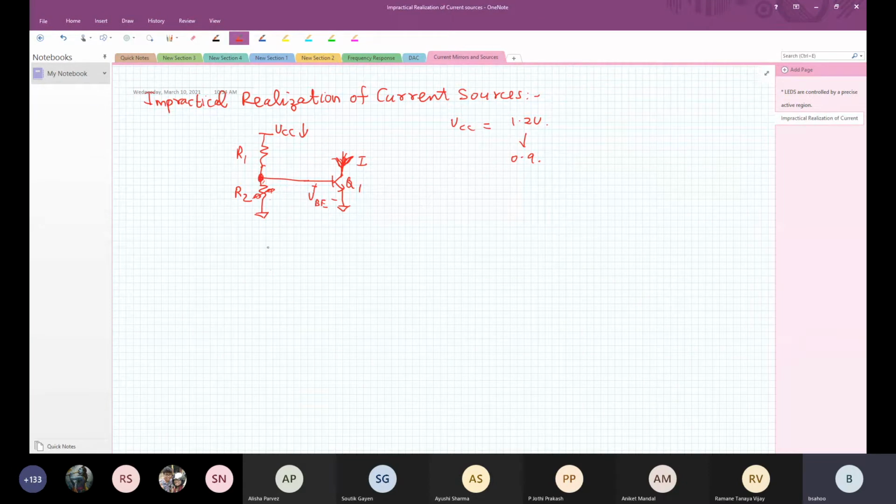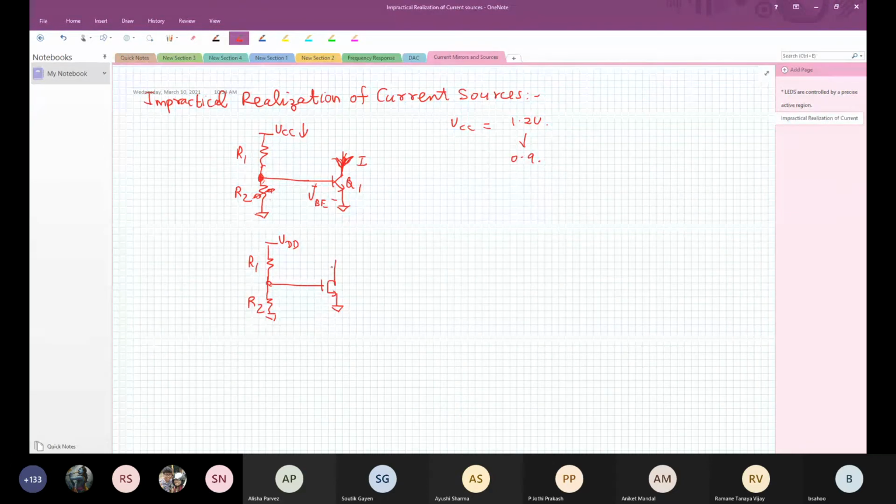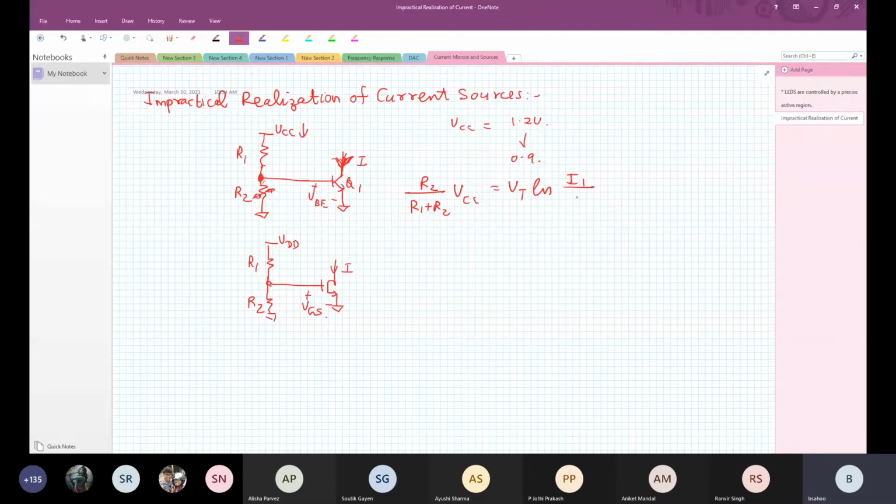The MOS counterpart of this is going to be, let's call this like this, plus minus VGS. So here the current that we are getting is given by R2 divided by R1 plus R2 times VCC equal to VT ln I1 by IS.